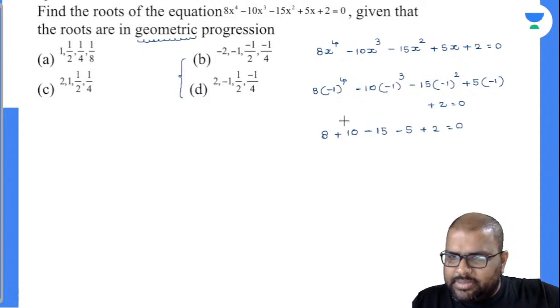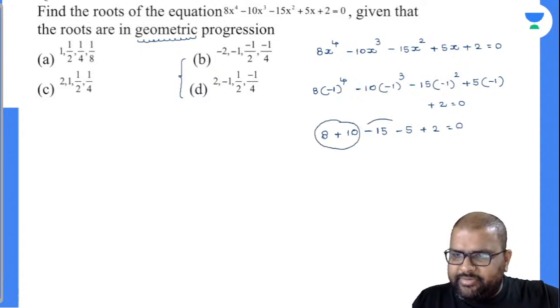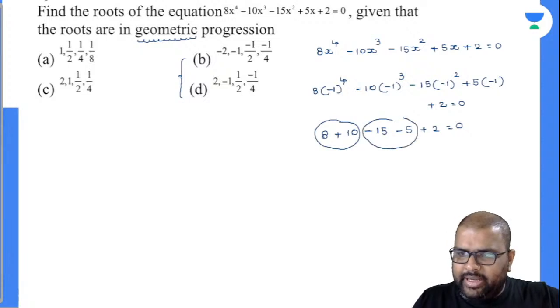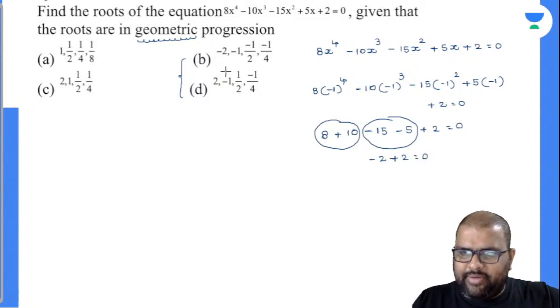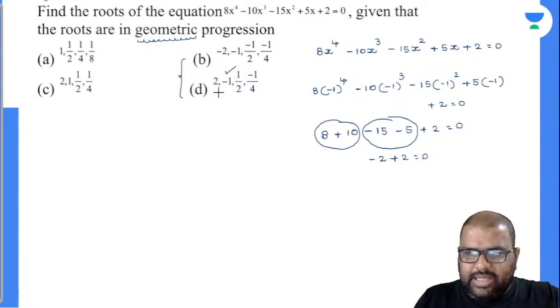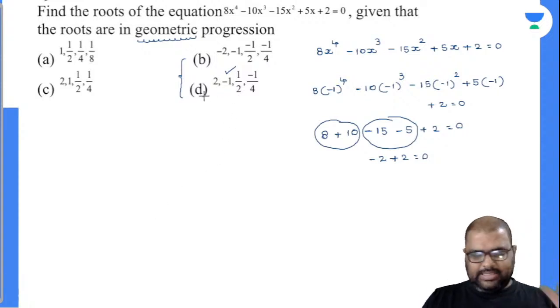Now you closely observe there. 8 plus 10 will be 18. Minus 15 minus 5 will be 20. So this will become minus 2 plus 2 is equal to 0. Done. And my minus 1 value is satisfying there. If you can check 2, then automatically you can decide the answer there.